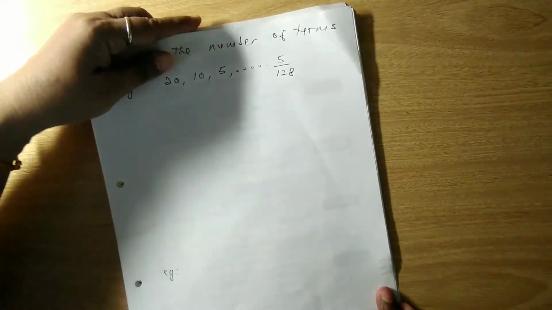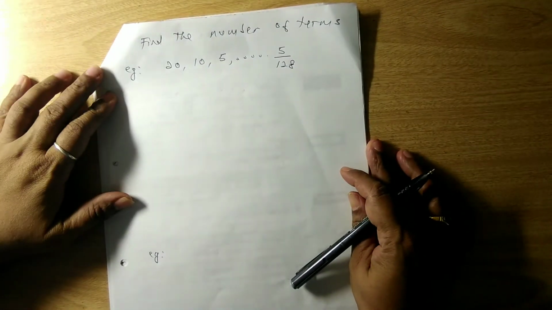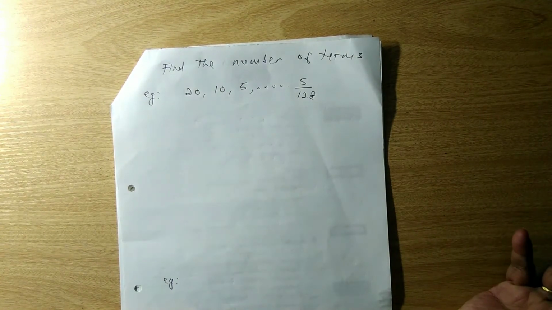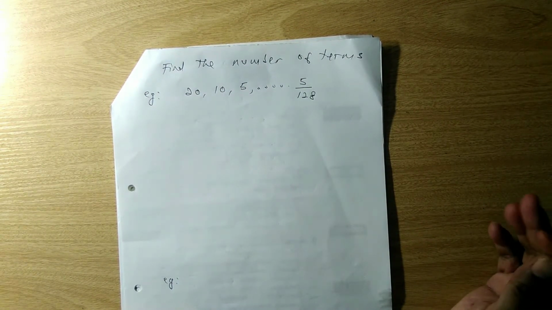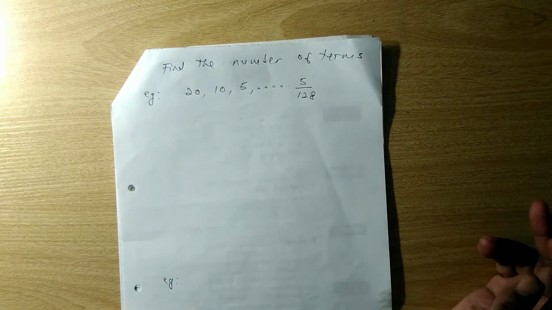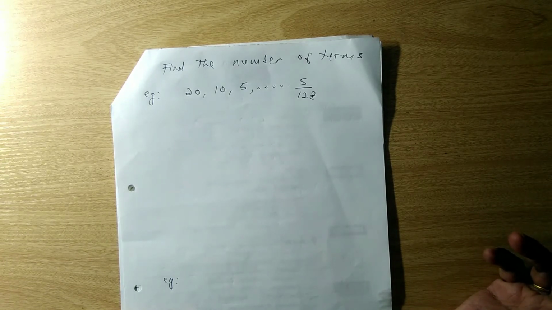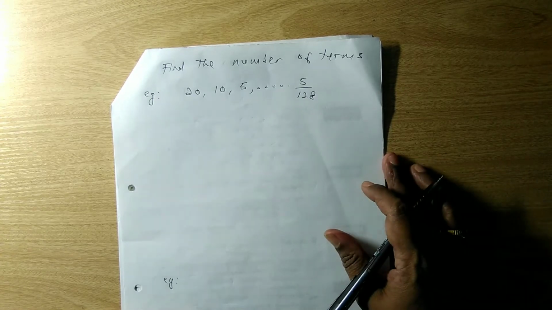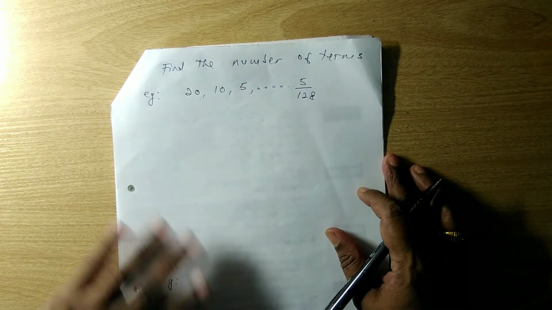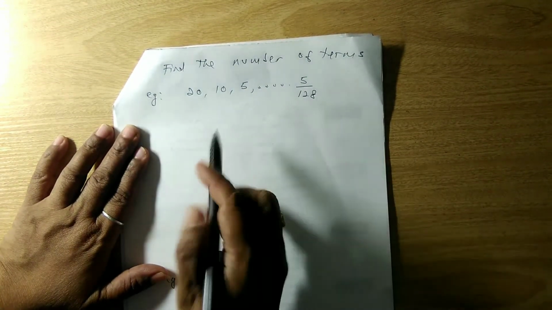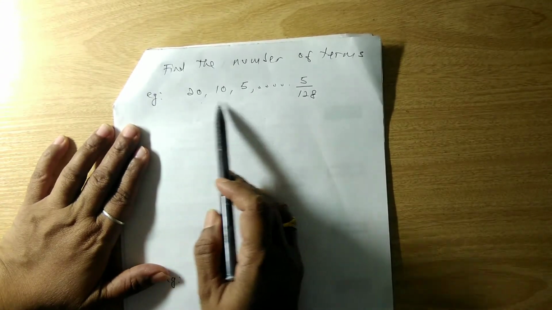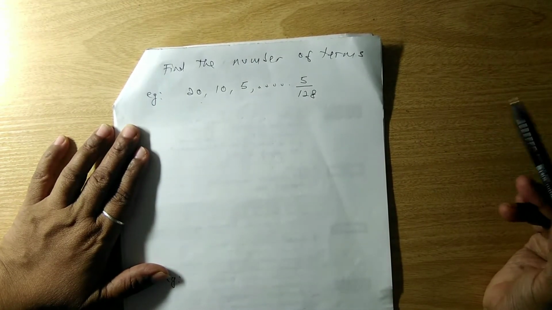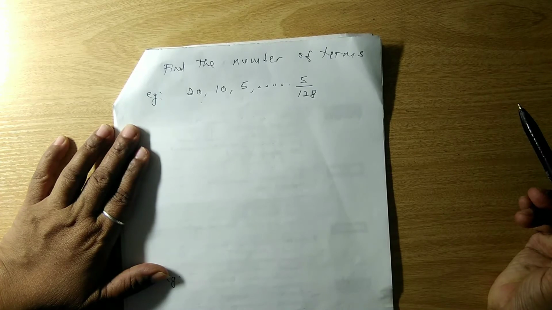Alright, just one more example. So far what we have done is to see whether a given progression is actually a geometric progression, and to write the progression in terms of Tn given A and R. Now this is just one more question. This is a geometric progression that's given in the question, and you want to find the number of terms.